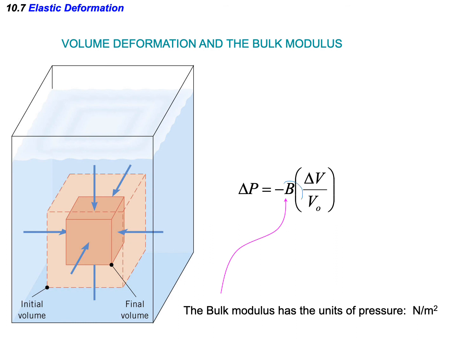When you change the volume, the ratio of the volume change to the initial volume is the strain, and we call the corresponding modulus the bulk modulus, and we use beta for bulk modulus.